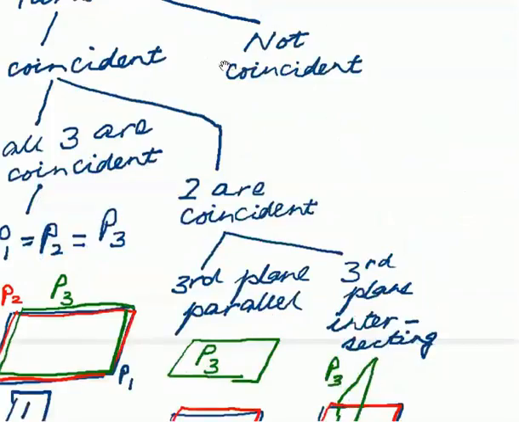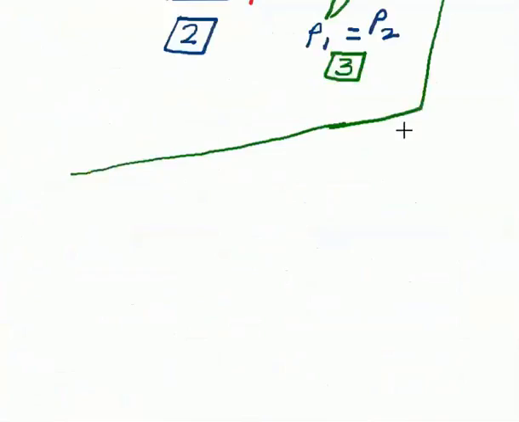Now we see this part. What if the planes are parallel but they are not coincident? We'll pull a branch from here and take it down. That brings us here. We have the condition that the planes are parallel but they are not coincident.